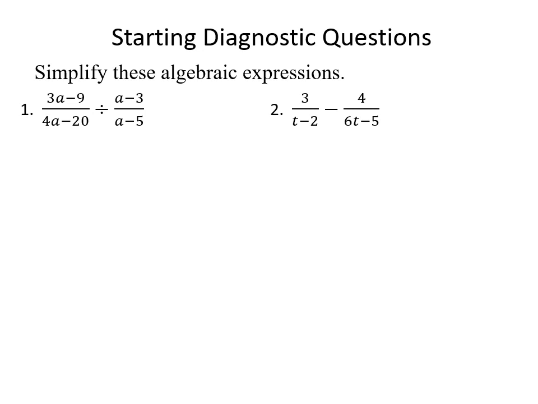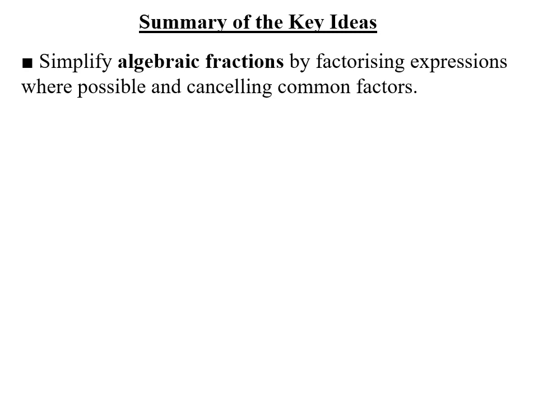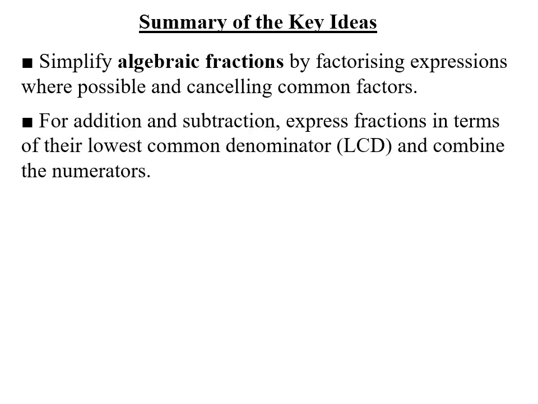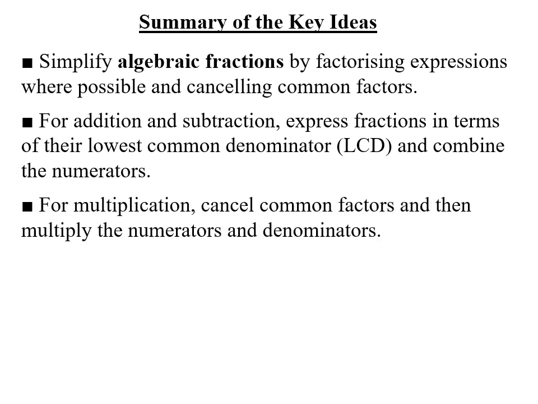Starting diagnostic question. Isn't that the same one? Okay. All right, so let's summarize the key ideas. Simplify algebraic fractions by factorizing expressions where possible and cancelling common factors. Point number 2, for addition and subtraction, express fractions in terms of their lowest common denominator, which is commonly called LCD, and combine the numerators.